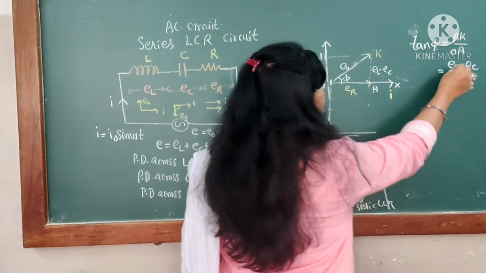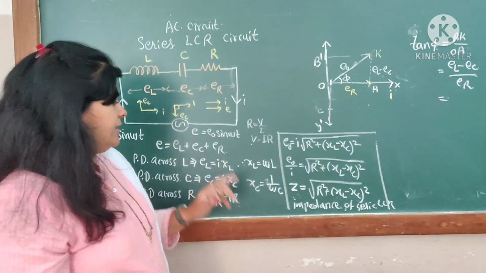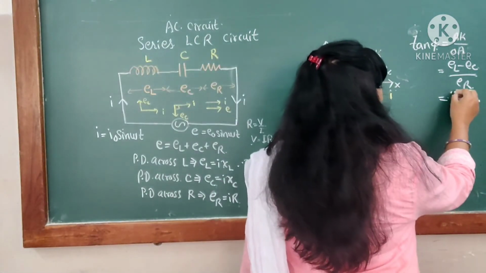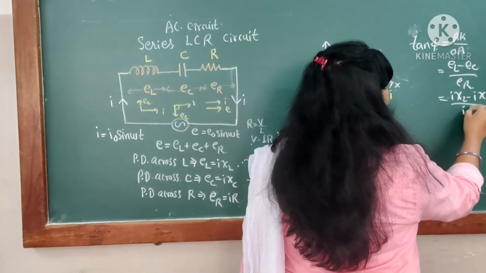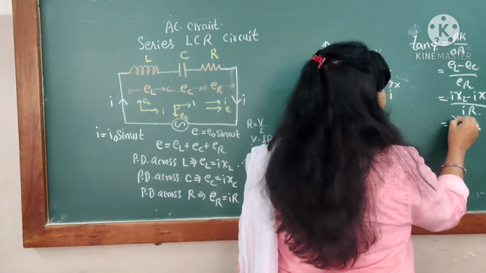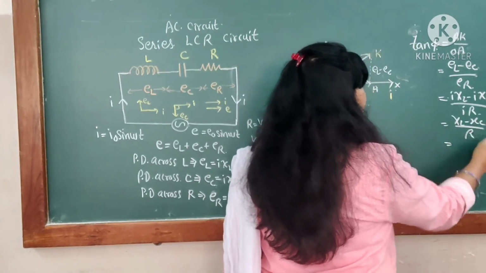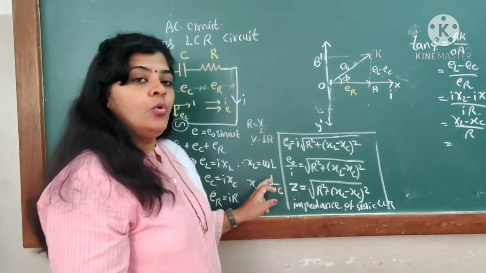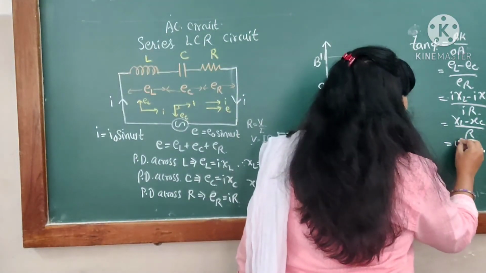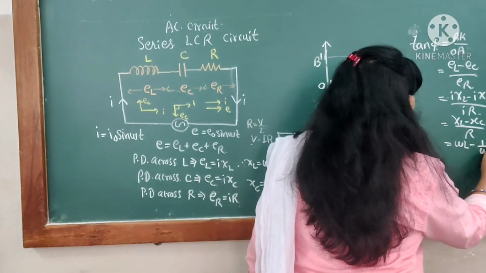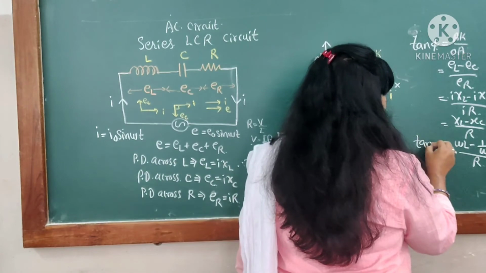Now we substitute the value of ER: IXL minus IXC divided by IR. Cancelling I, we get XL minus XC upon R. Now we substitute XL equal to omega L, and XC equal to 1 upon omega C. That is (omega L minus 1 upon omega C) upon R, which is the tan phi value.